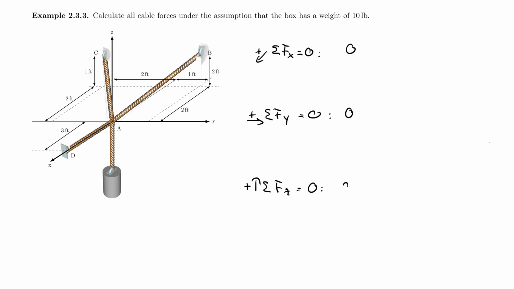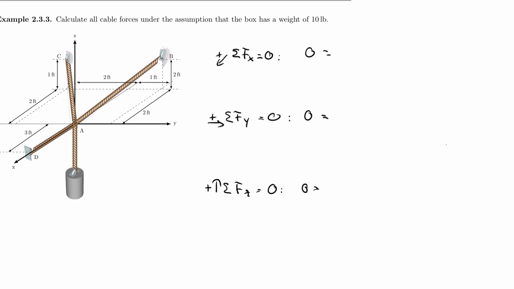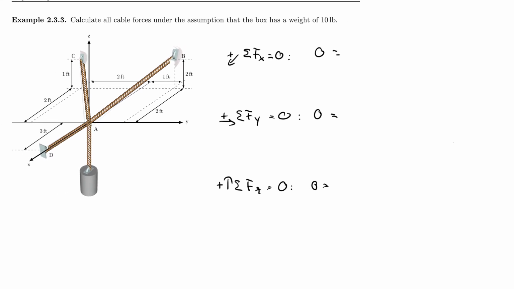0 is equal to, in the X direction, let's start with our AB. So it's negative AB, right? So minus AB. And what do I need now? I'm pulling in the 2 direction, if I'm not mistaken. Yeah, that's the X direction. So minus 2, of course, I need to calculate the length first.